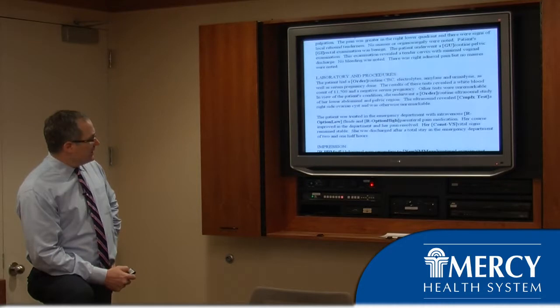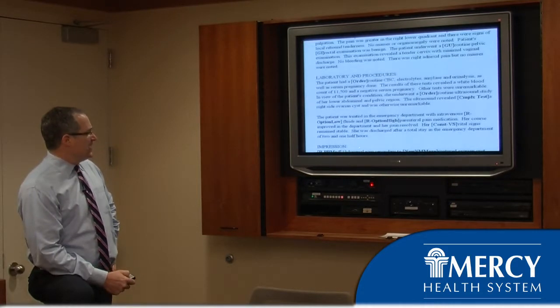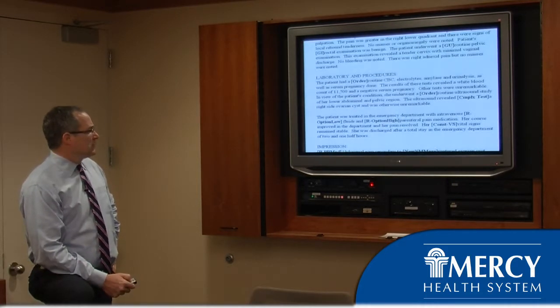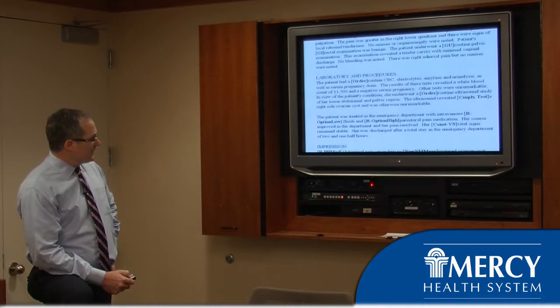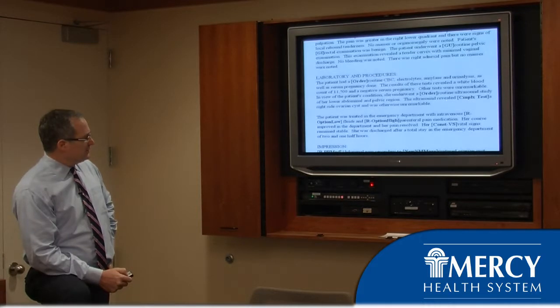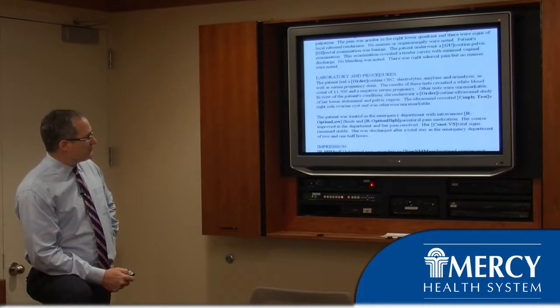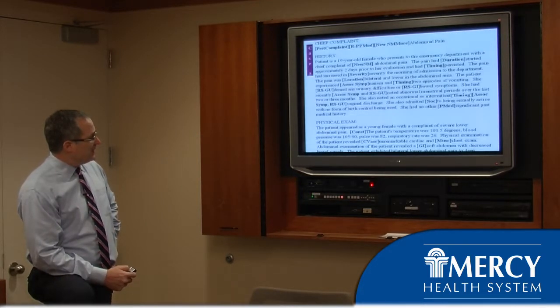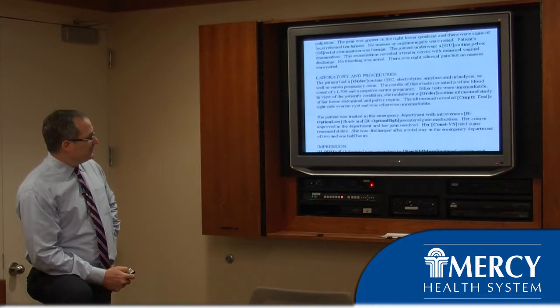Bottom line, this patient had abdominal pain secondary to a ruptured ovarian cyst. So while the ovarian cyst was not the concerning issue, there was the risk of the presenting problem of abdominal pain.